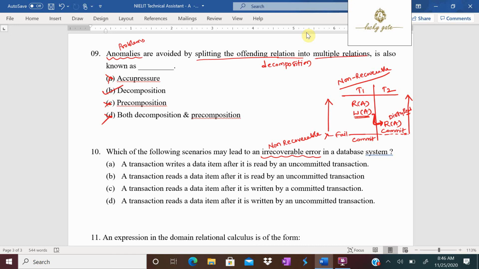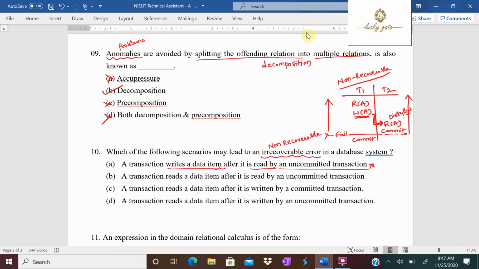Then check which options are correctly matching. Option A: a transaction writes a data item after it is read by an uncommitted transaction. Now when the transaction is writing after it is reading, it means first read is performed then write is performed, so it is not the correct option.